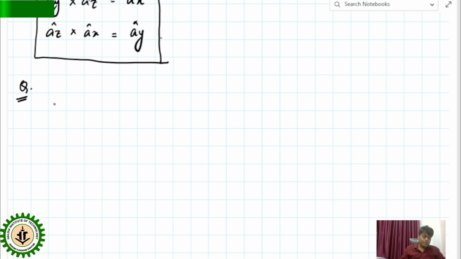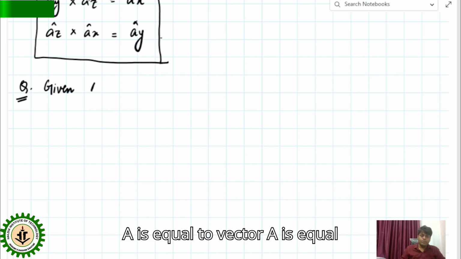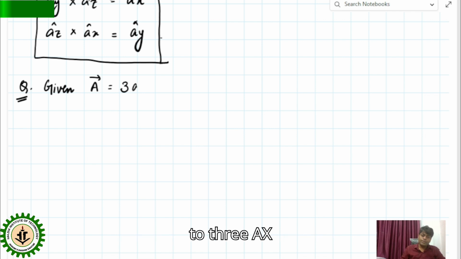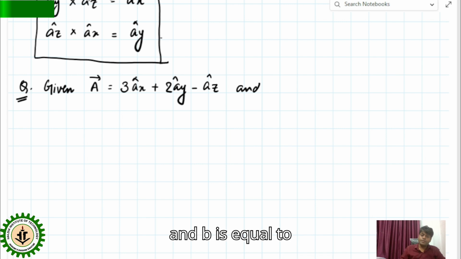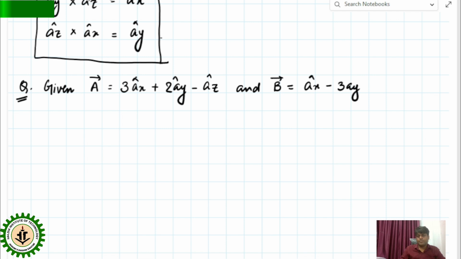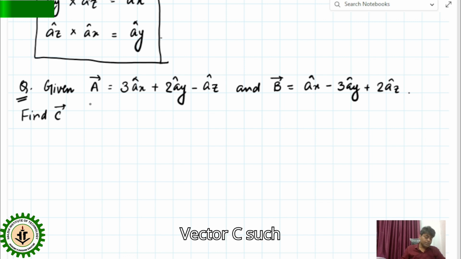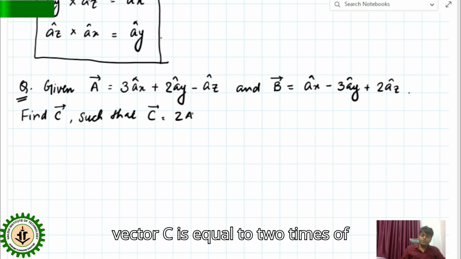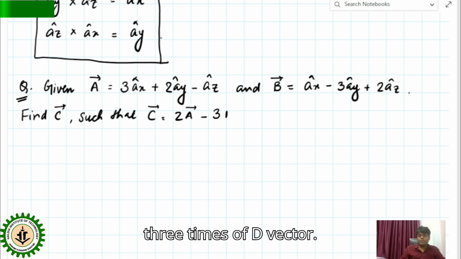The question is: given vector A equal to 3ax plus 2ay minus az, and B equal to ax minus 3ay plus 2az cap, find vector C such that vector C is equal to 2 times vector A minus 3 times vector B.